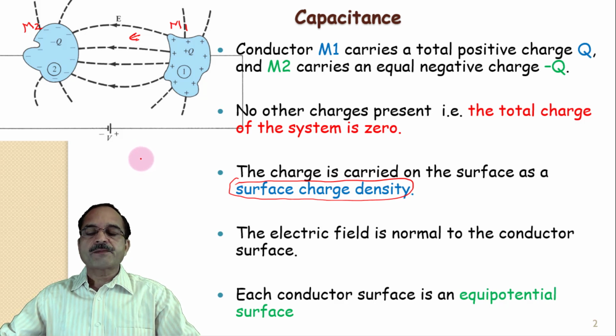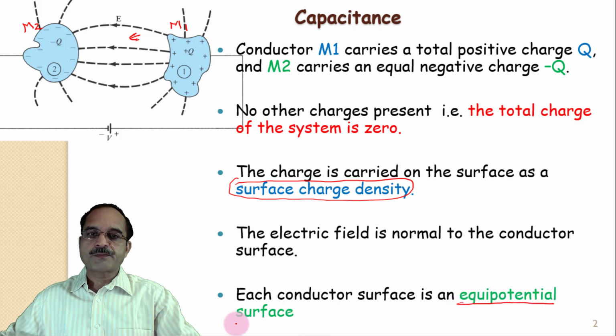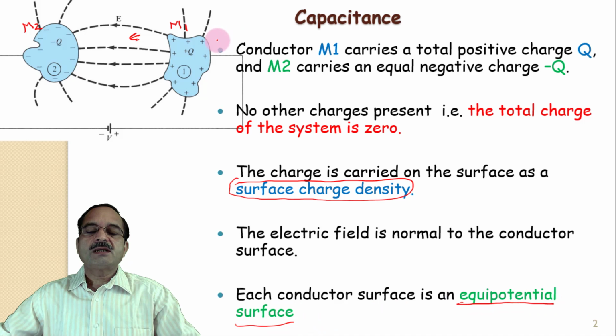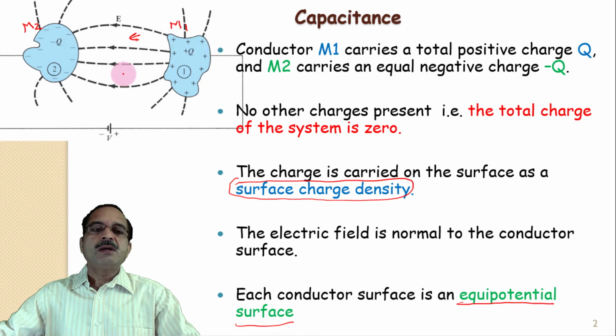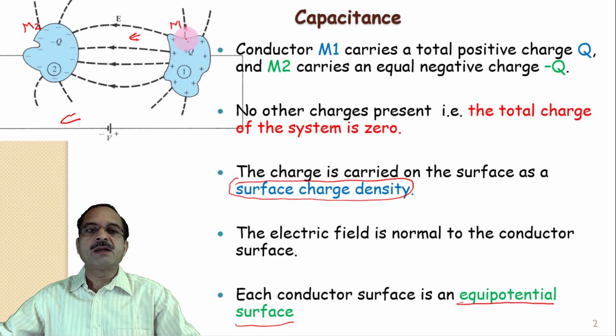This we have seen when we studied the boundary conditions, or we can say that the conductor surface is an equipotential surface. So based on these assumptions, let us find out the capacitance of this system for the given conductors M1 and M2.